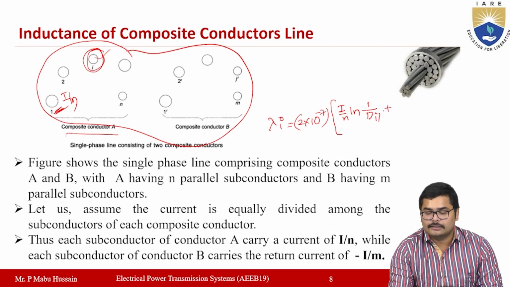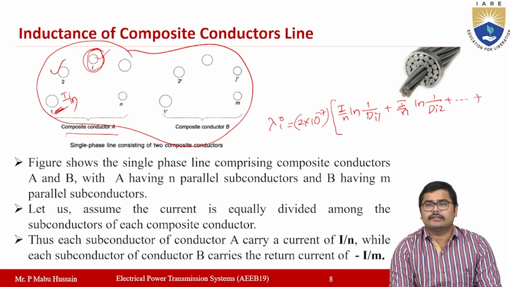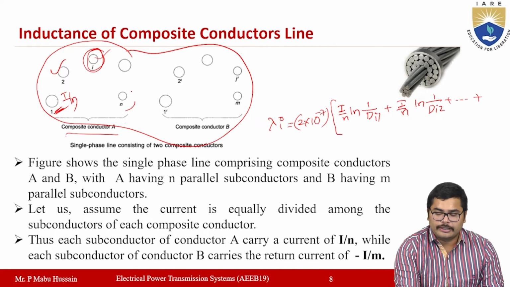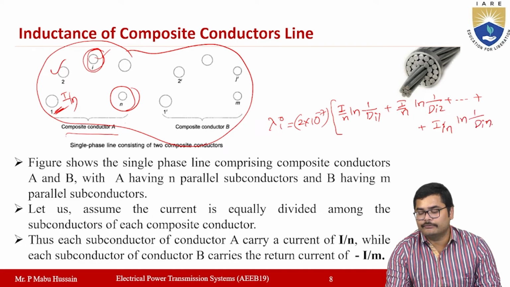Plus, for the second conductor, I by n into ln 1 by di2, and so on up to n conductors, I by n into ln 1 by din. So this is one term.